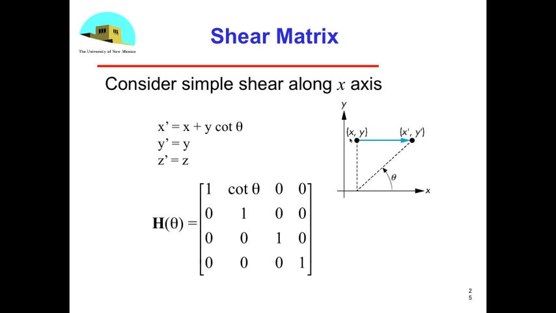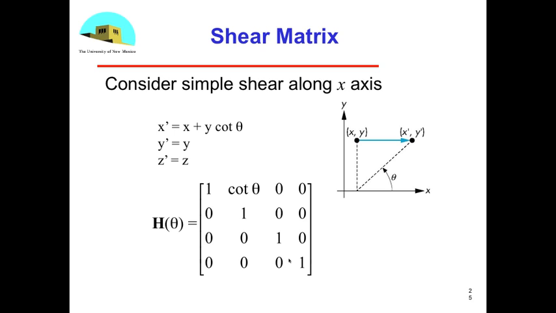An X, Y on the top, and the Z, remember we said the Z's aren't going to change, so this is all in a plane of constant Z. All the Y's are staying the same, but the X's are moving over based on how far I pull it, which can be determined by this angle. If I work it out, the trigonometric function I want is the cotangent of this angle, and the new x is given as x plus y cotangent theta. This is in homogeneous coordinate form because the W is not going to change.